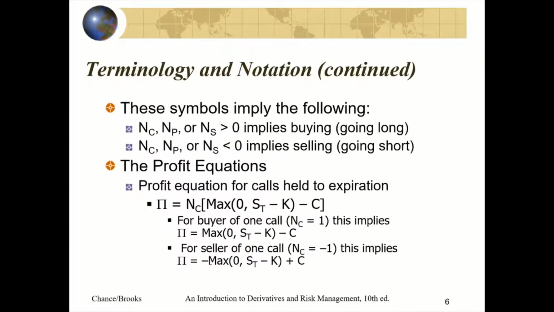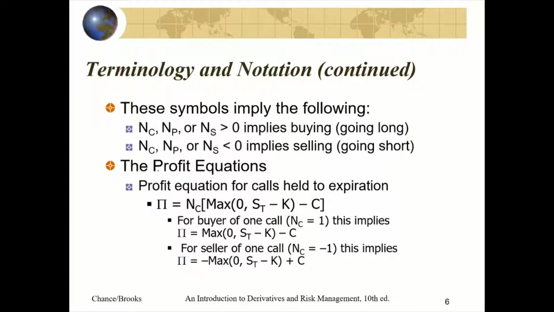Now, if we use a positive value for N, it means that we are buying the instrument, or we are taking a long position in that instrument. If the number of stocks, calls, or puts was negative, then it implies that we are going short. So we are selling, or we are taking a short position.